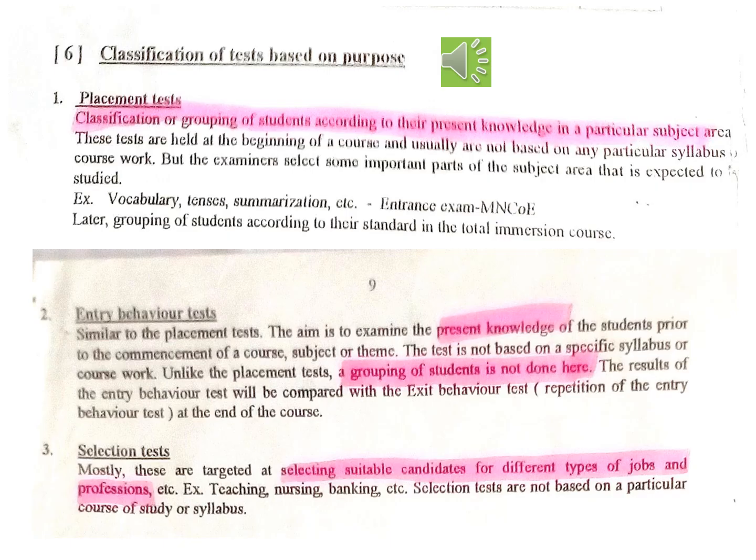But the examiners select some important parts of the subject area that is expected to be studied. There is no particular syllabus, but we take particular subject areas to be tested. Example: vocabulary, tenses, summarization, etc. At the entrance exam, when you come to the college, we conduct a placement test also.